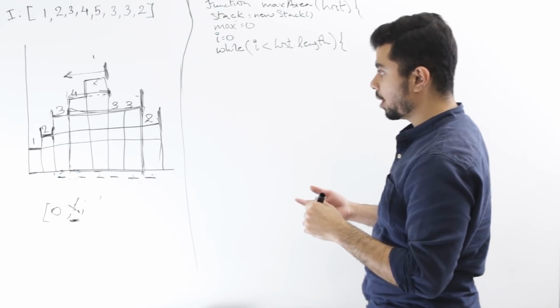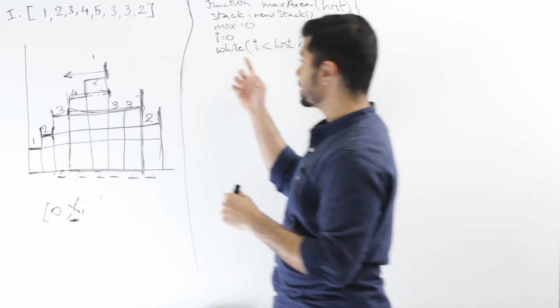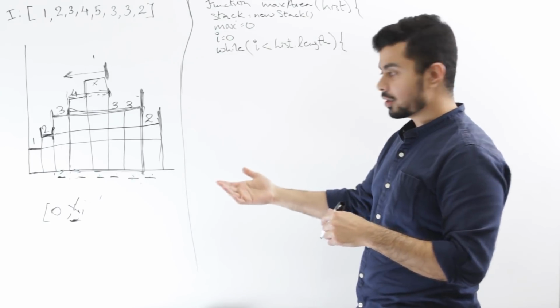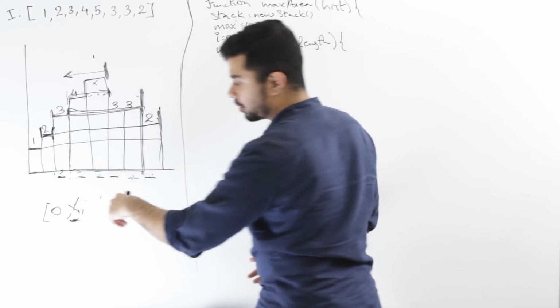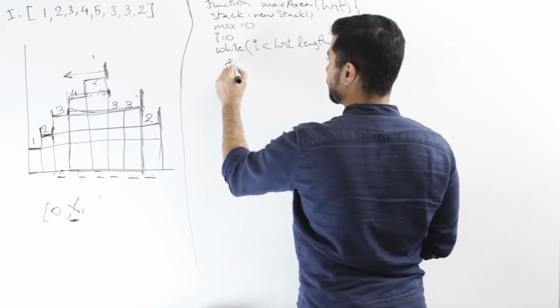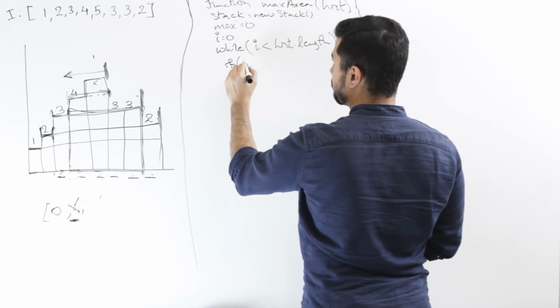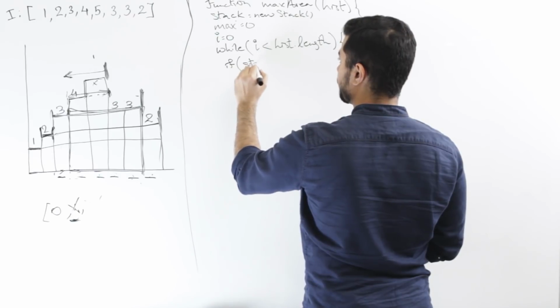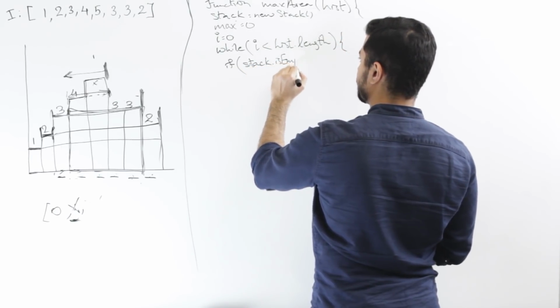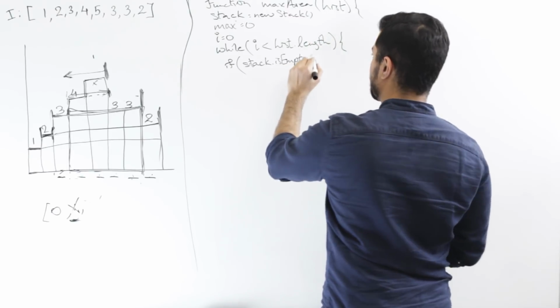Now what should we do? Well, if the stack is empty, then we should push whatever is the index. We shouldn't actually push the values, just like I did over here. We should push the indices. So I'll say if stack.isEmpty is true.